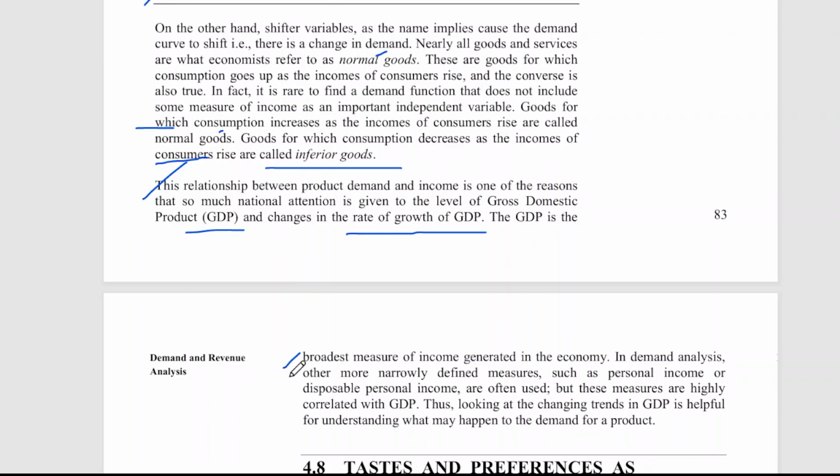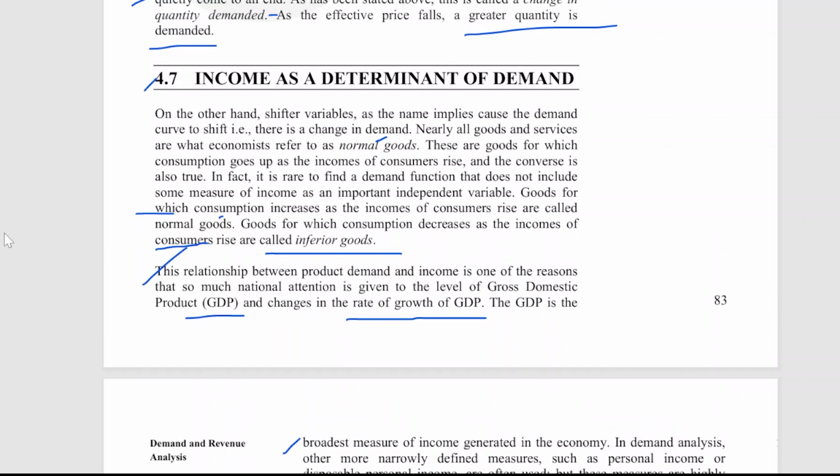In demand analysis, other more narrowly defined measures such as personal income or disposable personal income are often used, but these measures are highly correlated with GDP. Thus, looking at the changing trend in GDP is helpful for understanding what may happen to the demand for a product. So this is all about today's session, and the next subsection we will discuss in the next video.